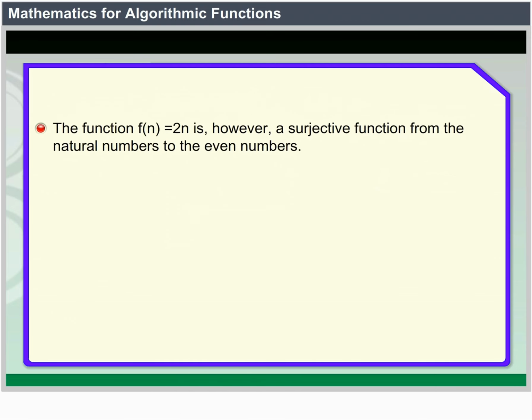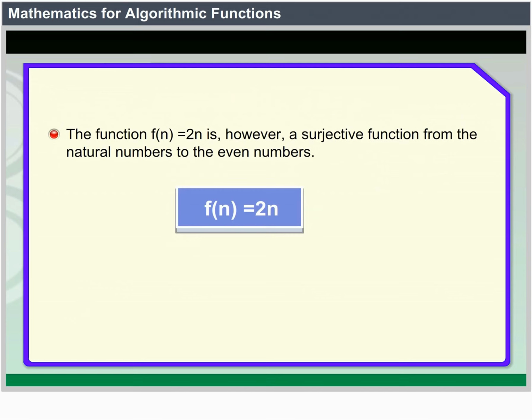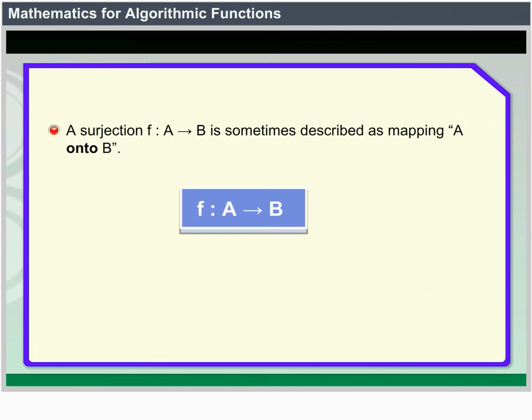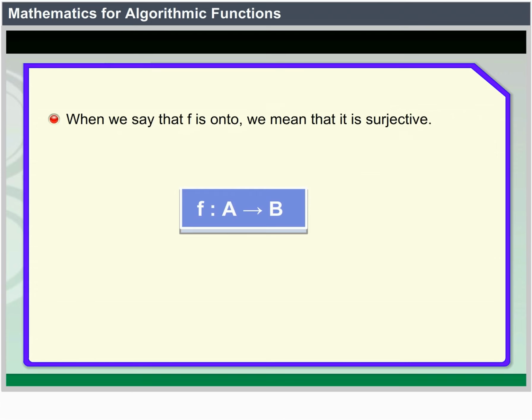The function f(n) = 2n is, however, a surjective function from the natural numbers to the even numbers. A surjection f: A → B is sometimes described as mapping A onto B. When we say that f is onto, we mean that it is surjective.